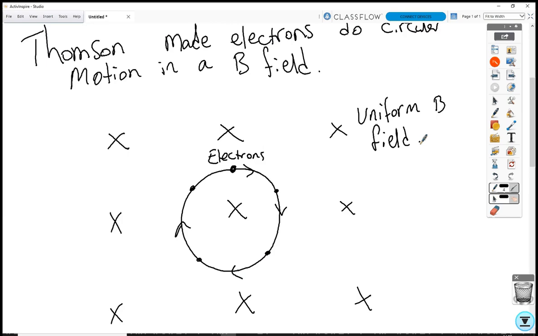So remember, if you wanted to verify that this is the way that electrons are going to move, use Fleming's left-hand rule. And the current is in the opposite direction to the motion of electrons, because electrons are negatively charged, and conventional current is a movement of positive charge.